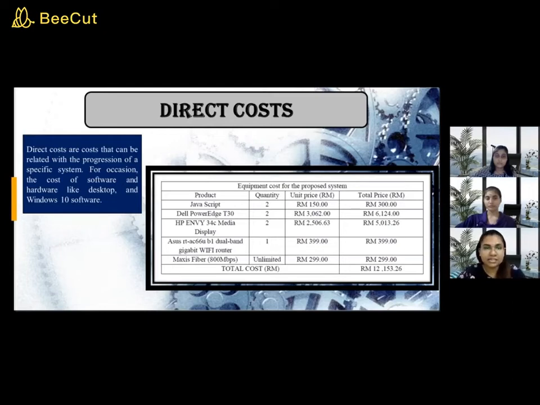Unit price is RM 399, and the total price is 399. Quantity for the Maxis Fiber 800 Mbps is unlimited. The unit price is 299, and the total price is 299. So total cost is RM 12,153.26.